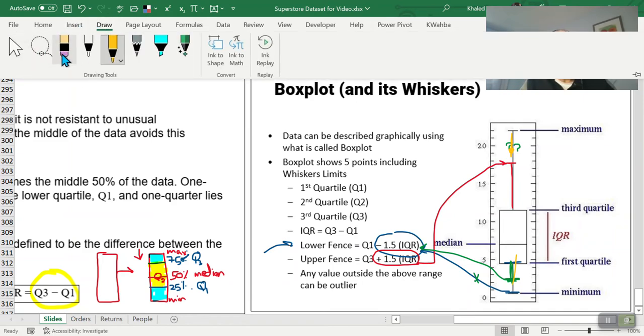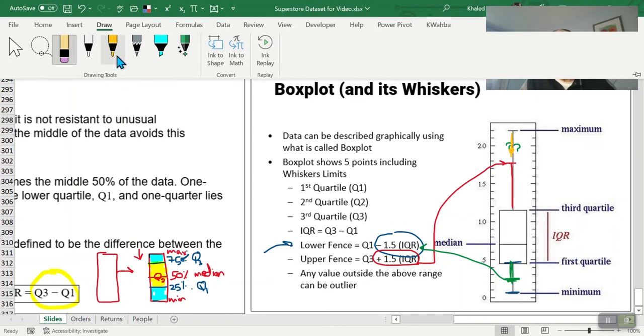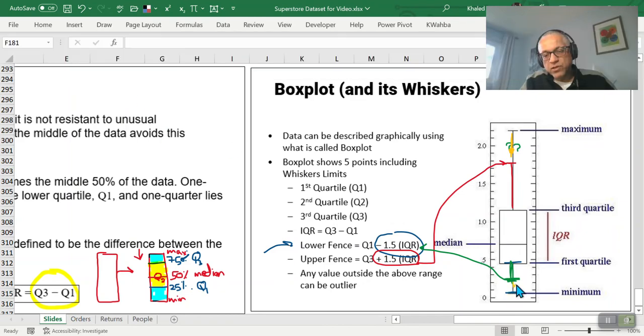Back to here, I'm going to take also this pen. This area will also include all outliers. So any point in this yellow area or range, whether on the upper level or a lower level, we call an outlier. Outliers are extreme values. We need to deal with them in a later stage.